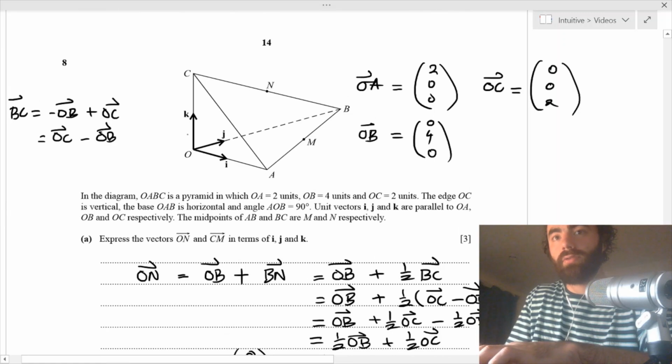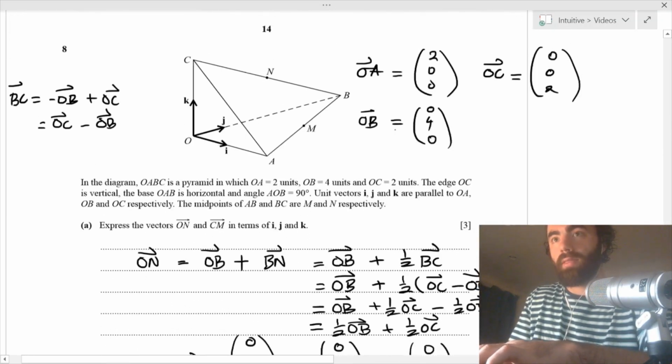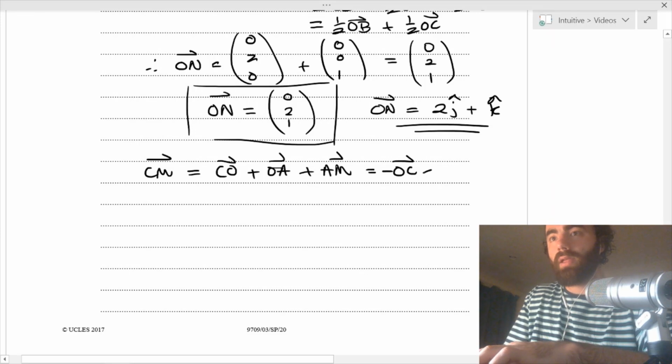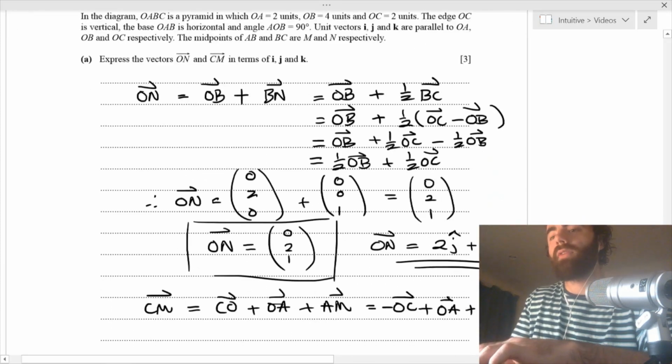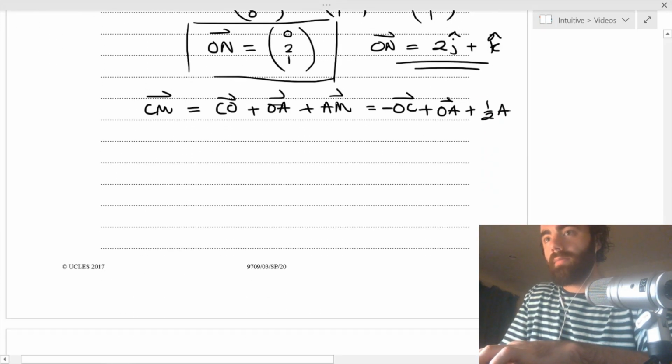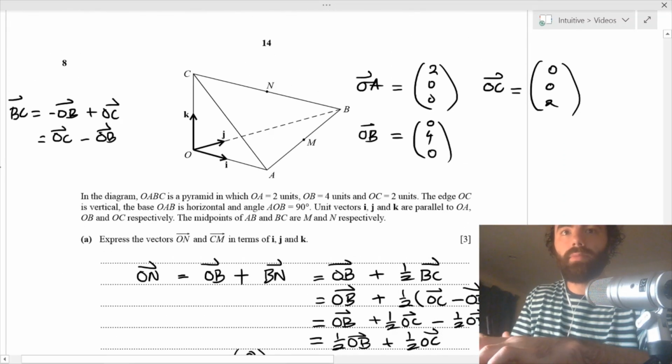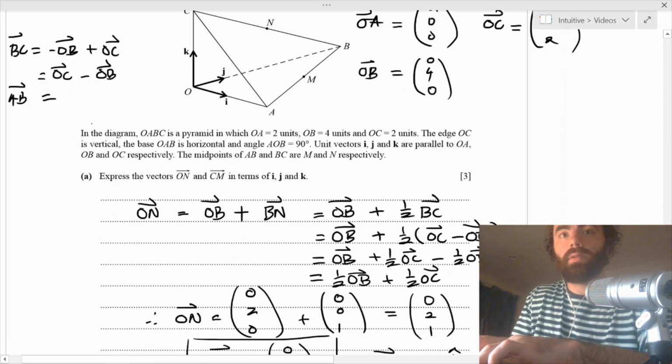So it's minus OC, plus OA, and then plus AM. AM is half of AB. And what is AB? Let's do a little jot here again. AB is just minus OA plus OB, which equals OB minus OA.